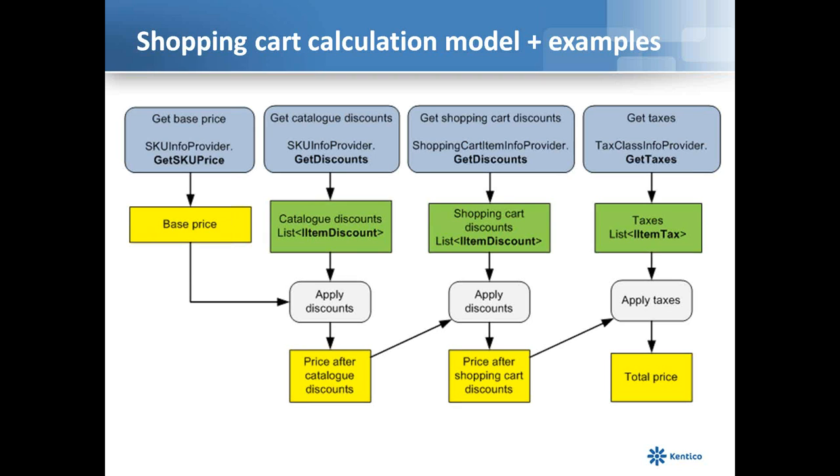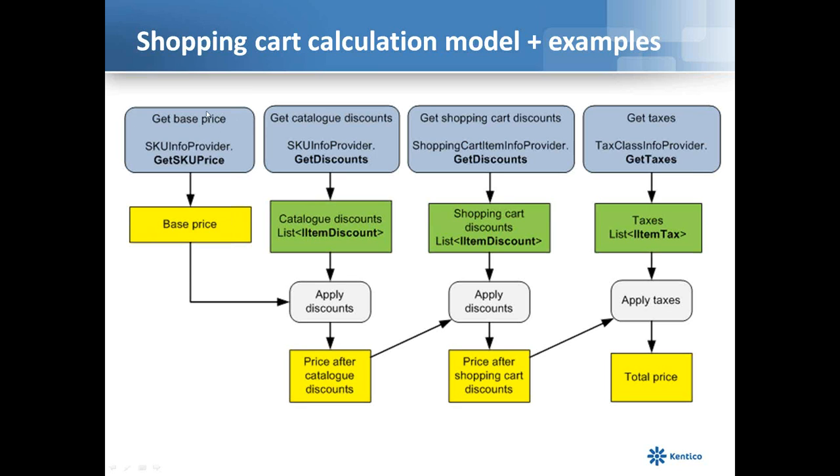Once all the products are calculated through this scheme, then you can make some subtotals like total price of the whole shopping cart, total shipping, and so on. So first you need to go through the evaluation of each item, and this is done through this scheme.